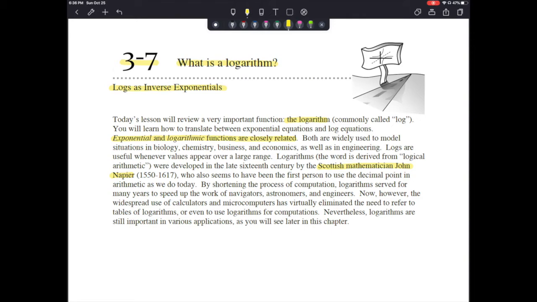Now, however, the widespread use of calculators and microcomputers has virtually eliminated the need to refer to tables of logarithms, or even to use logarithms for computations. Nevertheless, logarithms are still important in various applications, as you will see later in this chapter.